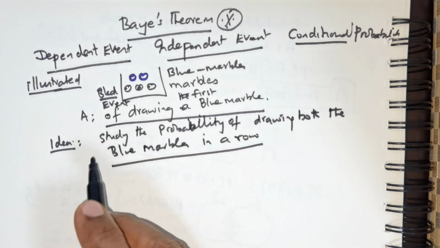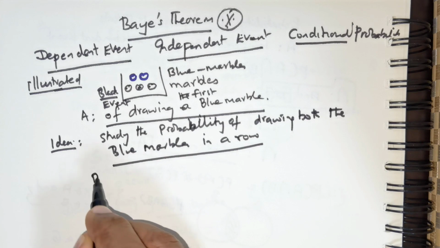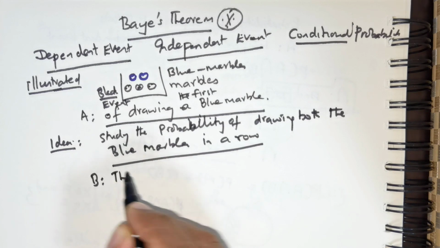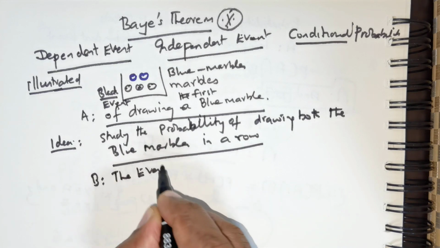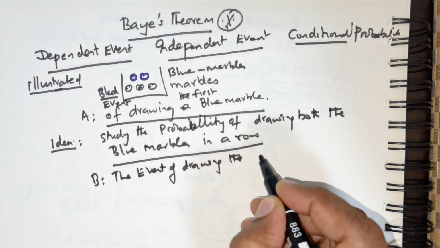So A is the event of drawing the first blue marble, and let B be the event of drawing the second blue marble.